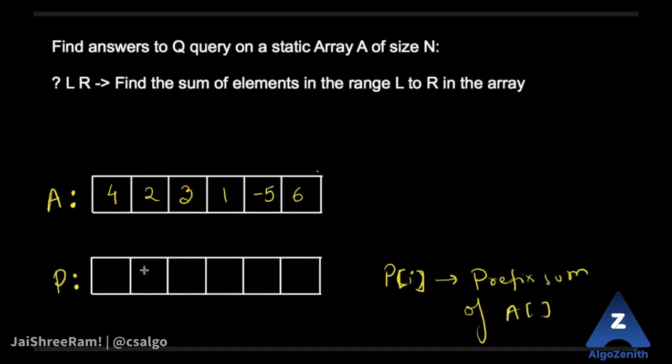At a particular index I, this will be the sum of the elements up to I. So from 0, 1, 2, 3, up to 3, you keep that up to 3.